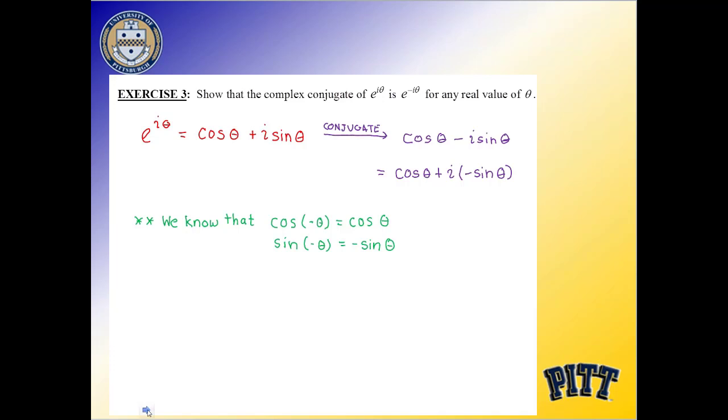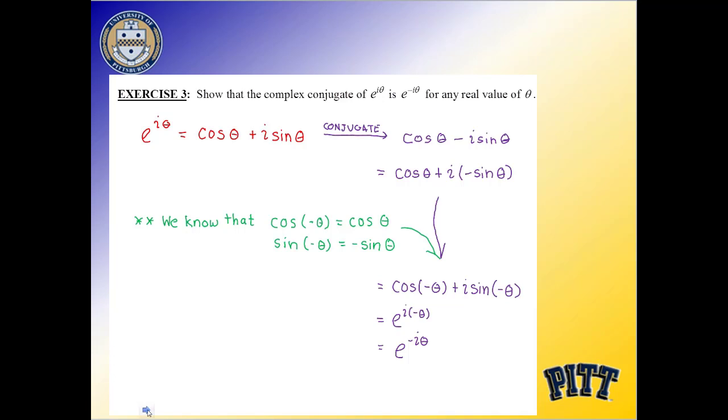So I can actually do a replacement here and say this cosine theta plus i times this negative sine theta is the same thing as having cosine of negative theta plus i times the sine of negative theta, and then reverting it back into a format that has e in it. I would have e to the i times negative theta power, which is e to the negative i theta power. So that proves more or less that these two numbers would be conjugates of each other.